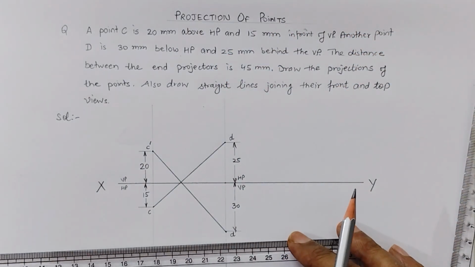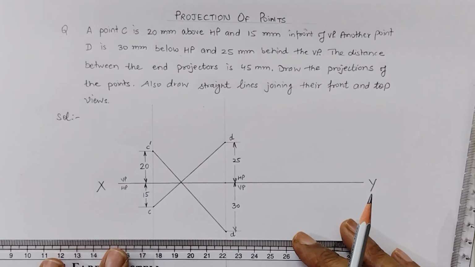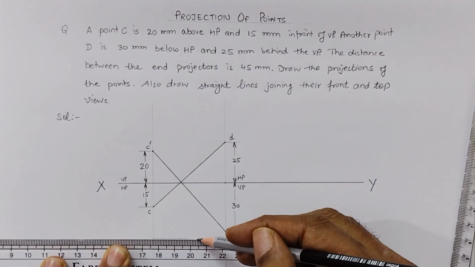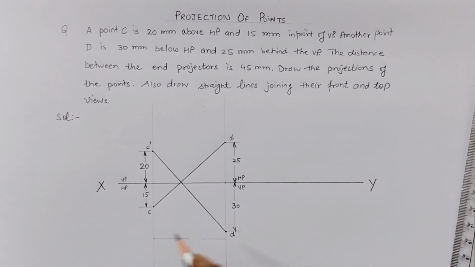The distance between these two lines is 45. This is the solution of the problem when one point is in the first quadrant and the second point is in the third quadrant.